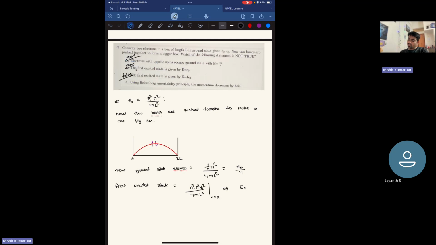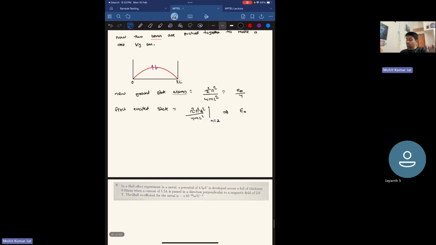Using the Heisenberg uncertainty principle, the momentum decreases by half. What Heisenberg says is that delta x times delta px is roughly h bar. So initially it was L times px, L times px initial was h bar.